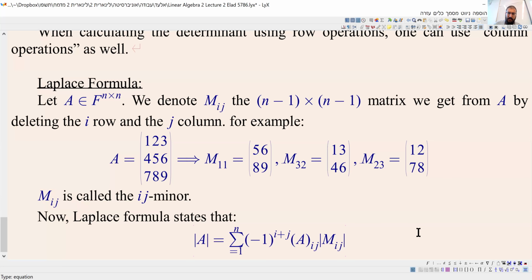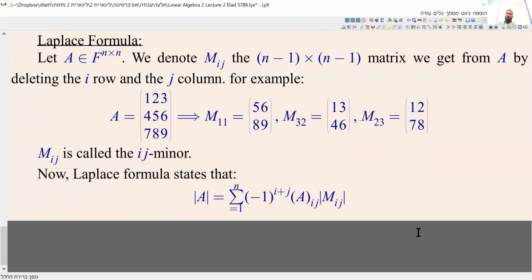One thing is missing from the formula on purpose. Which index is running in the sigma?